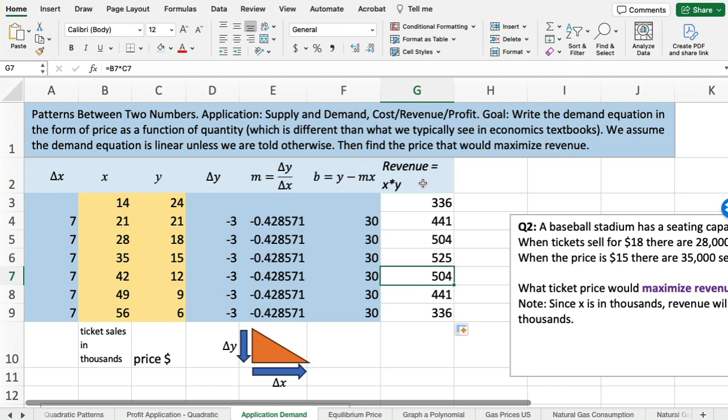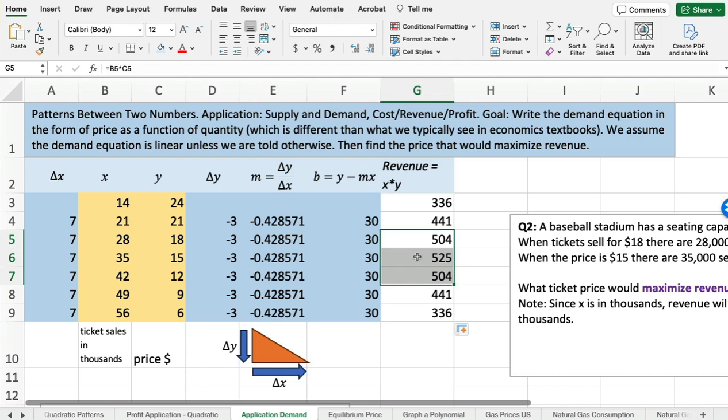It's not obvious that revenue is a quadratic relationship here, but it is, because we had to multiply a linear thing, which was x, times another linear thing, which was our y. Remember, we've talked about linear patterns before and how to recognize them in numbers. Whenever you multiply two linear things, you get a quadratic thing. So there's our symmetry.